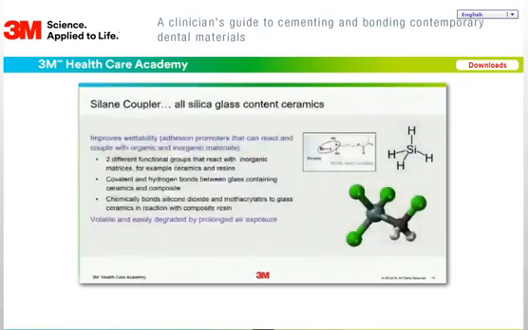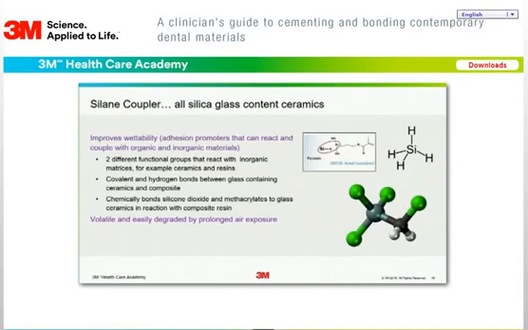Silane is the one agent that I have the greatest familiarity with because it's a chemical coupler. It's a difunctional molecule that will promote a union between two dissimilar materials on the other end, using the resin component, adhesive resin, in the middle. On the other hand, it is volatile, and as I mentioned, it's easily degraded by prolonged air exposure.